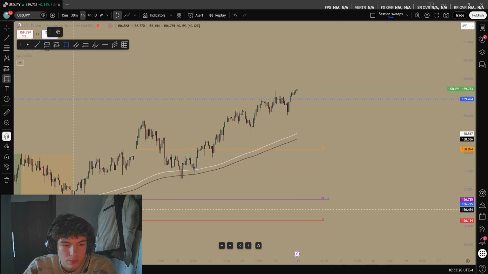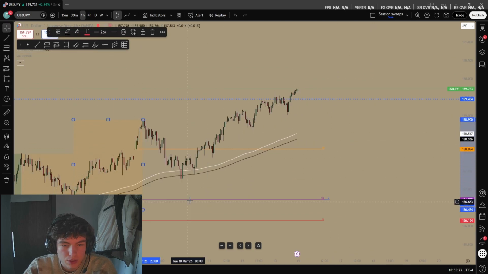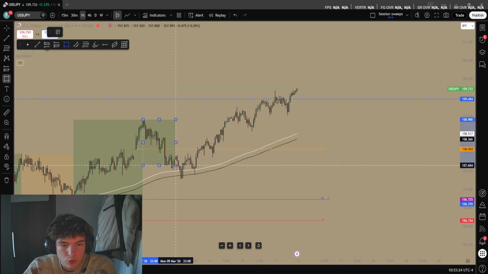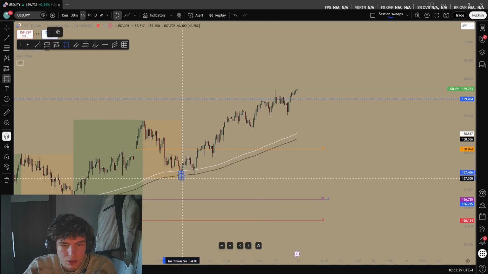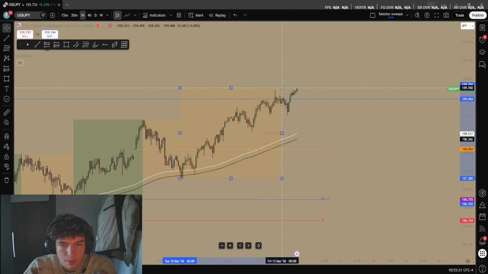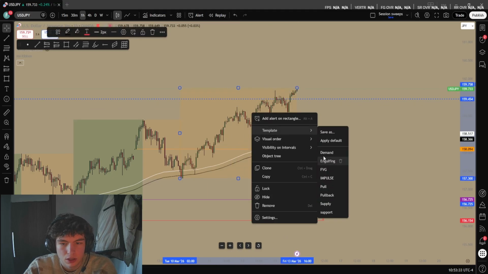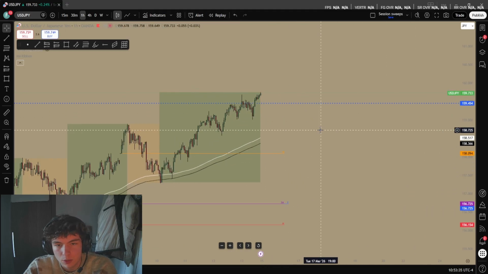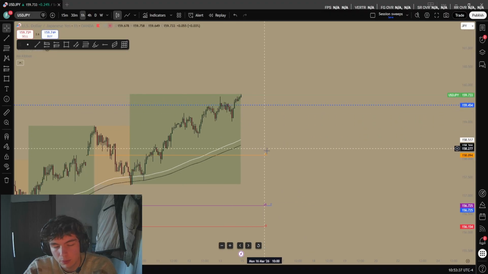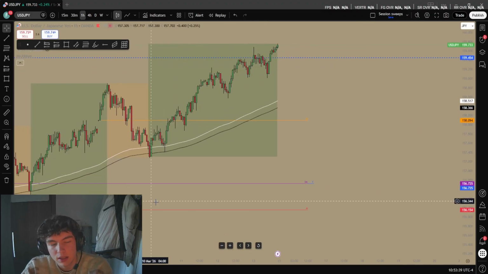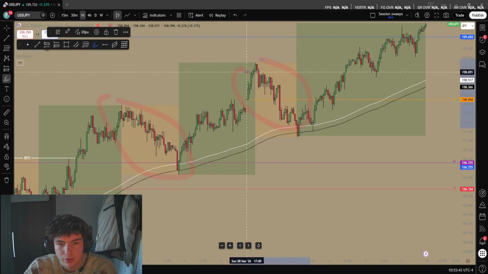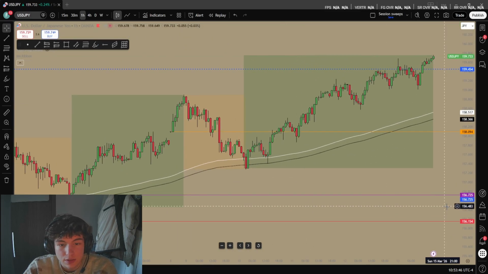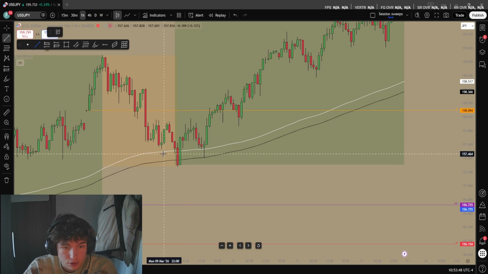Same thing here. We see an impulse, then we see a pullback. And then we see an impulse. This is just the overall impulse. And now we should experience a pullback. How do we identify that one of these pullback phases is over? We are going to see the fractal structure shift.